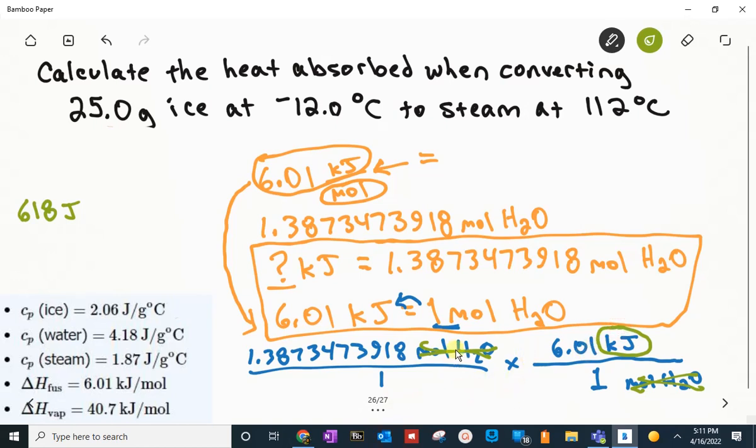If you multiply these together, you're going to get 8.3379578247 kilojoules. And so now we have how many kilojoules are given off while this ice is melting at 0 degrees Celsius. So we can write this over here.